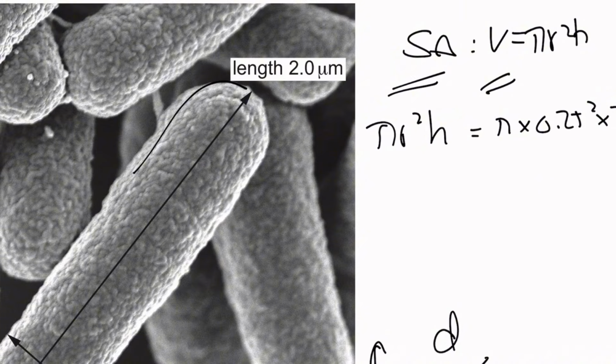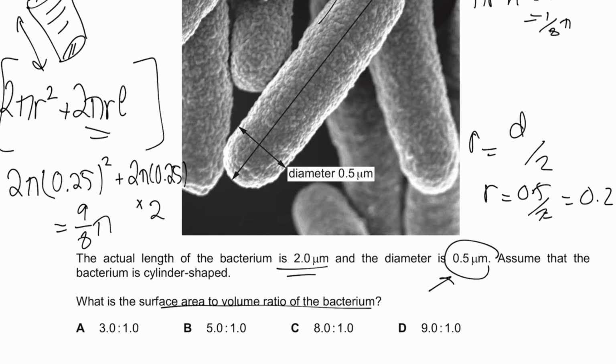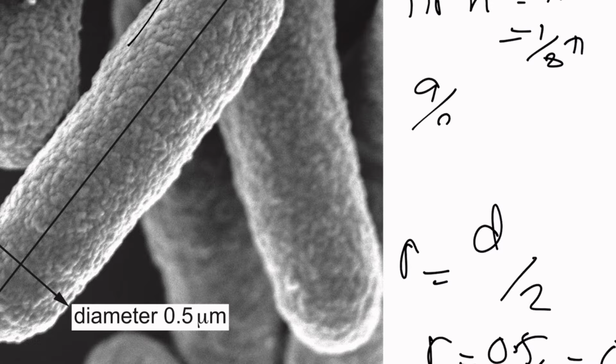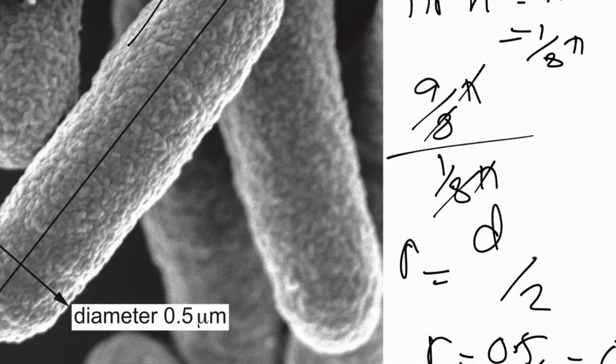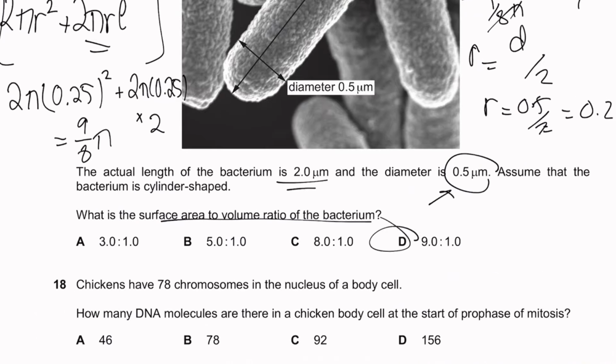Let's figure this out. That's going to be 1 over 8 pi. So we have 9 over 8 pi over 1 over 8 pi, the 8 cancels, pi cancels, and we get 9 over 1, which is a ratio of 9 to 1, which is D.